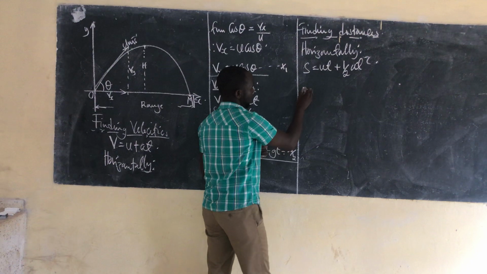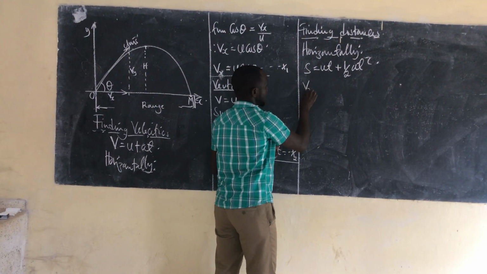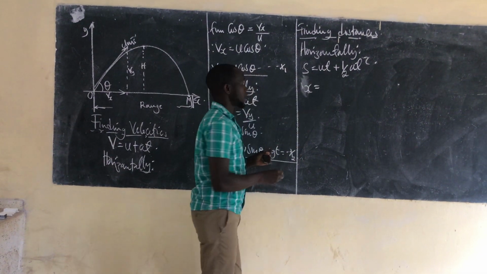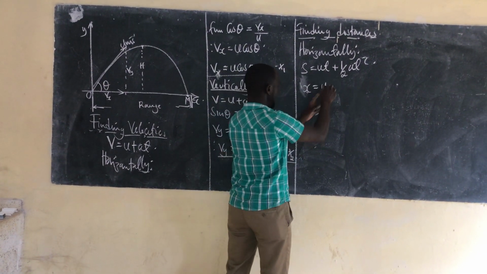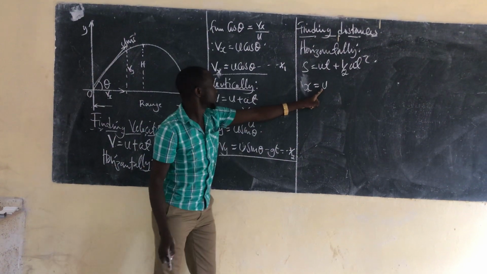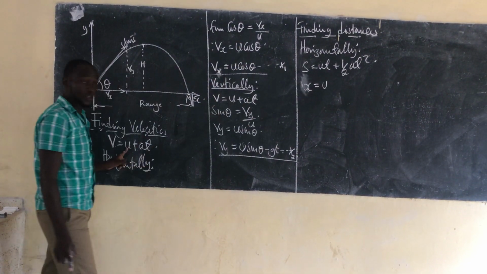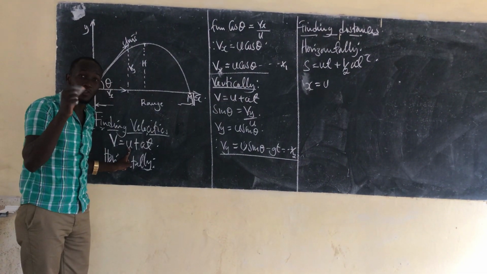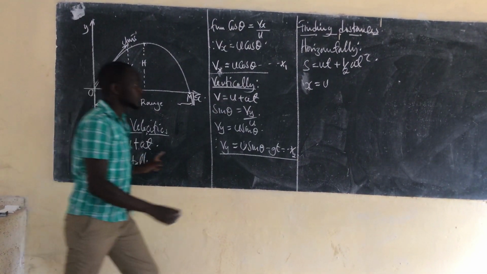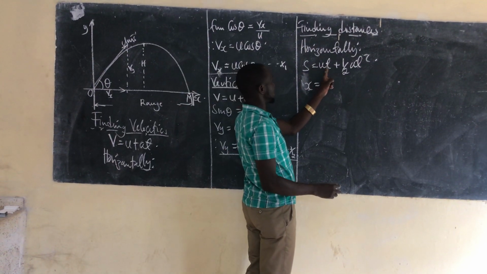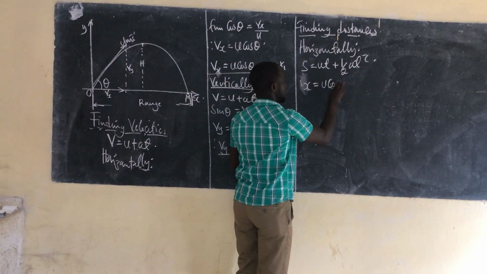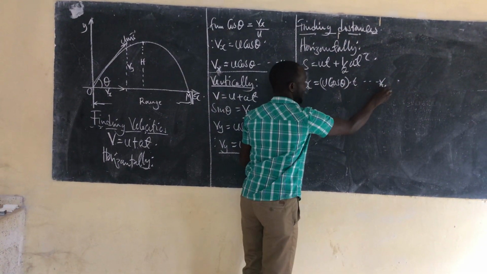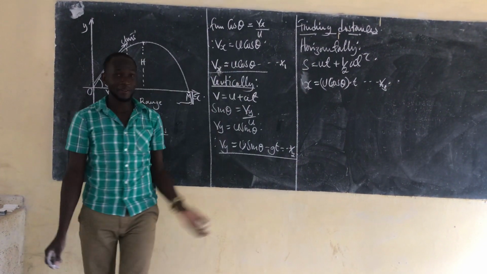In that sense, we shall have Vx, what I can call x, giving us u. Which u is this now? This one, which we said was u cos theta. That was the horizontal velocity, if you can remember very well. So instead of ut, you say u cos theta times t. And that one becomes your horizontal distance.